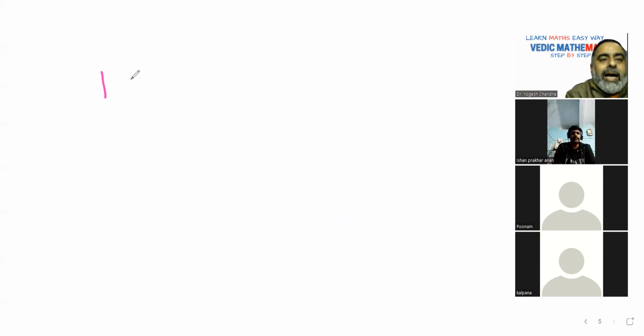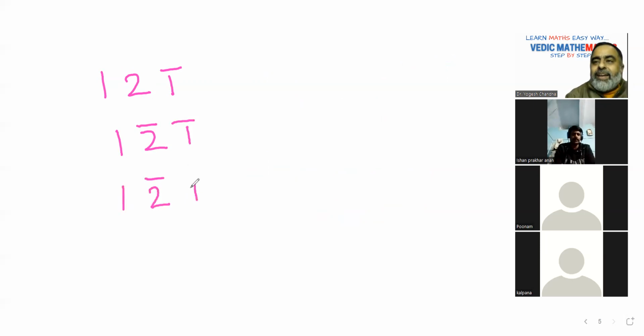Now, let's say I have one number 121. I put 2 bar here. One number is 1, 2 bar, 1 bar. One number is 1, 2 bar, 1. Now, if you see this number, it seems it is the same: 1, 2, and 1. No. This bar is making a difference. See, the value is 100 plus 20 minus 1.